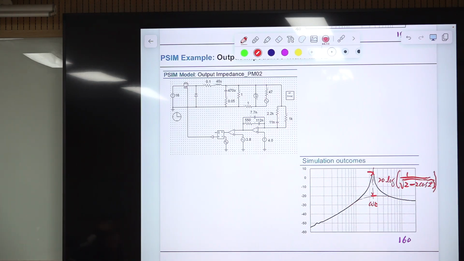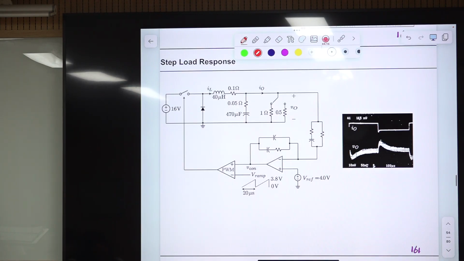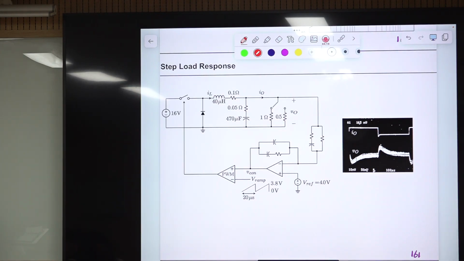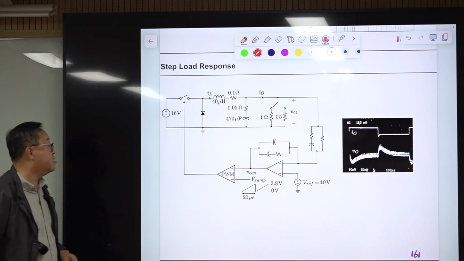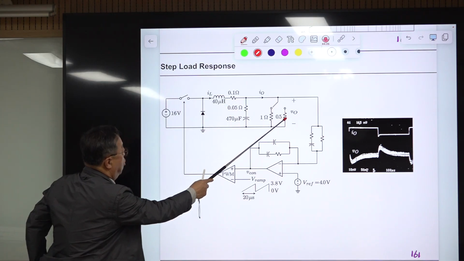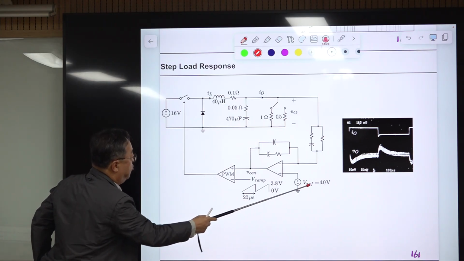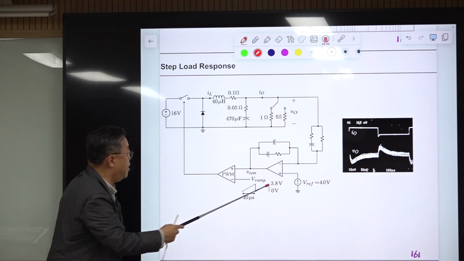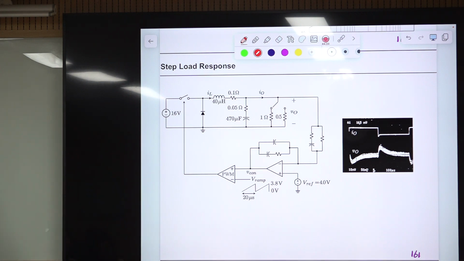This is very convenient. Let's consider the step load response and its relationship to the output impedance. So this is the 0.5 ohm, our voltage 4 volts. Then for this case, the current will be 4, and with this, the current will be 8, like this.